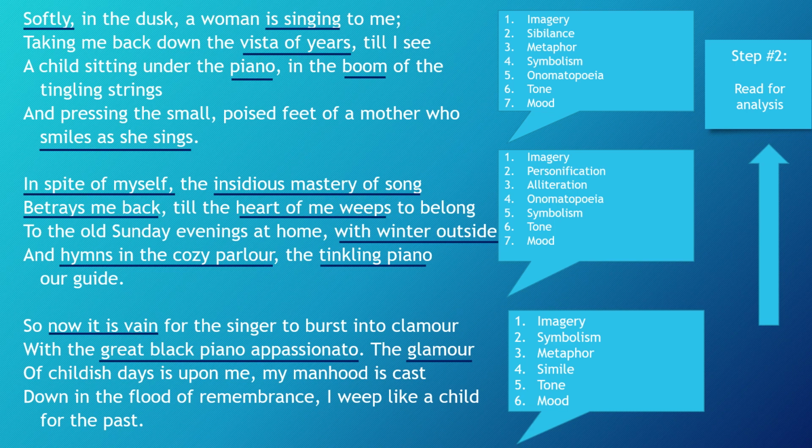Now jumping to stanza 3, we see the piano reappears, but he's no longer in the past, supposedly. He should be in the present because he's listening to that woman sing, but the piano has come with him, meaning that his childhood, he can't shake it. The remembrance of it is with him.